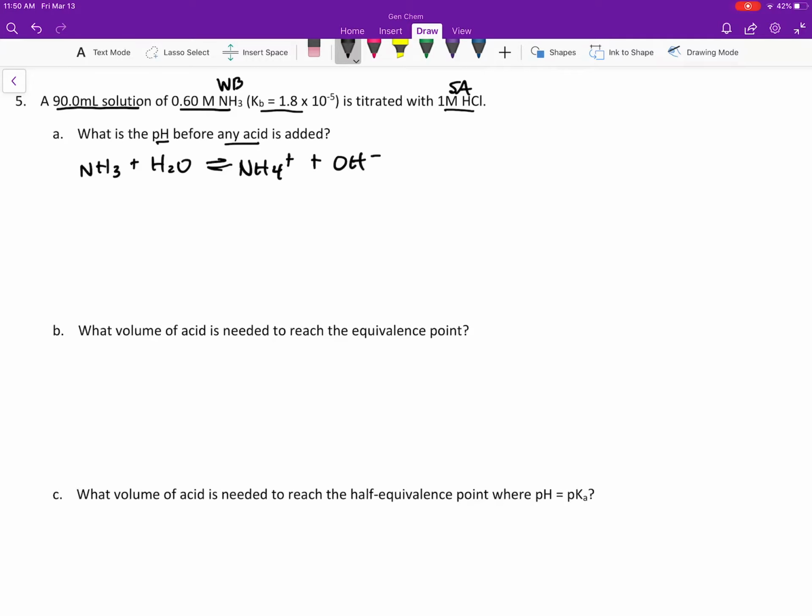We know that we're starting with 0.60 molar, and what we don't know is what we'll have at equilibrium. We know that we have none of this, so it's going to force the reaction to the right and produce the products.